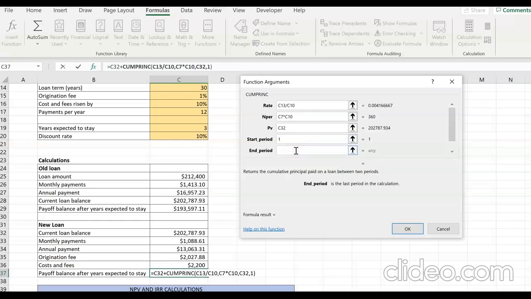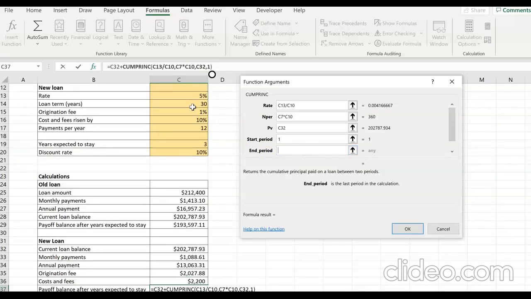For the end period, it would be multiplied by the years expected to stay multiplied by 12 months, and the type is going to be 0.